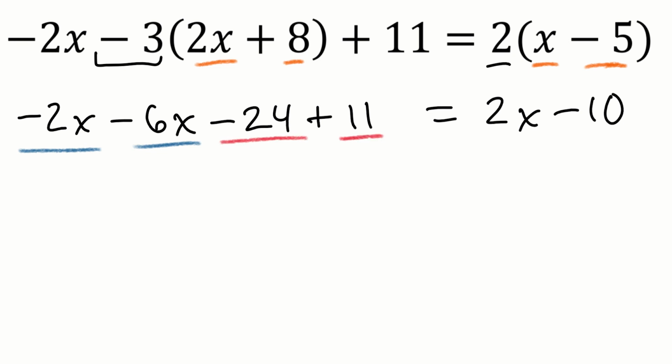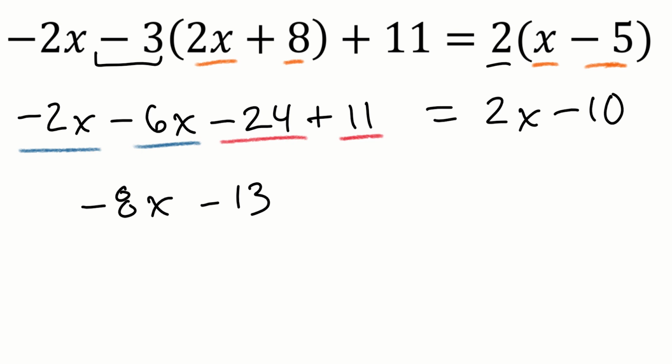So when I combine my terms that involve x, I end up with negative 8x. And when I combine the constants, negative 24 and 11, I know it's negative, and if I subtract it, it's, what is that, 13? This is negative 13.